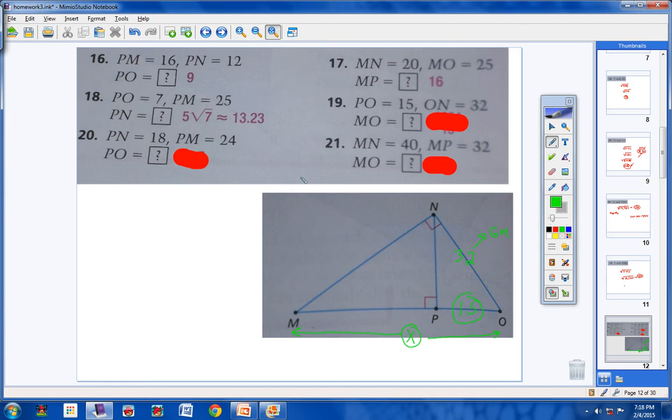Okay, so if I'm solving for x, then the two numbers that I'm finding the geometric mean of are x and 15. So x goes here, 15 goes here. Then my geometric mean, which is 32, gets written twice, here and here. So here we go. 15 times x is 15x. 32 times 32 is going to give you 1024.